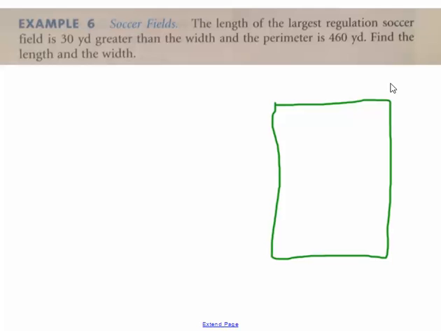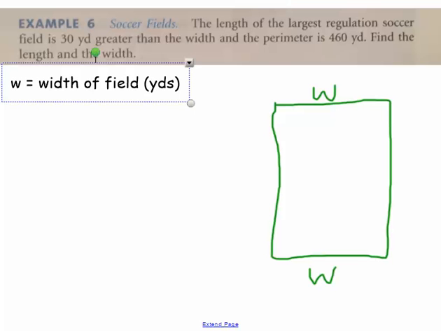The length is 30 yards greater than the width. So I'm going to have my variable stand for width. That's going to be right here. That side is also the width. So my variable is w equals the width of the field. I'm going to define that variable now. So the definition of my input variable is w equals width of the field, and that's in yards.